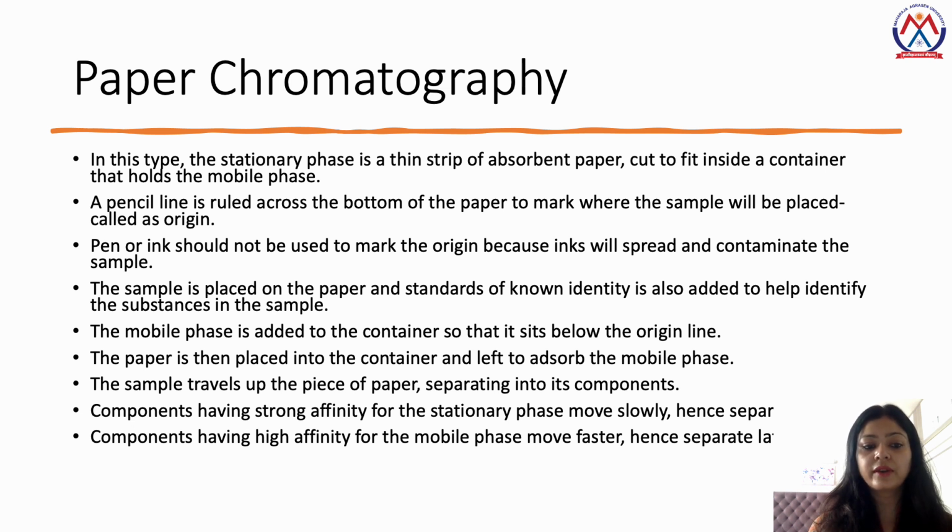The sample travels up the piece of paper, separating into its components. Components having strong affinity for the stationary phase move slowly, hence separate earlier, and components having high affinity for the mobile phase move faster and hence separate later.